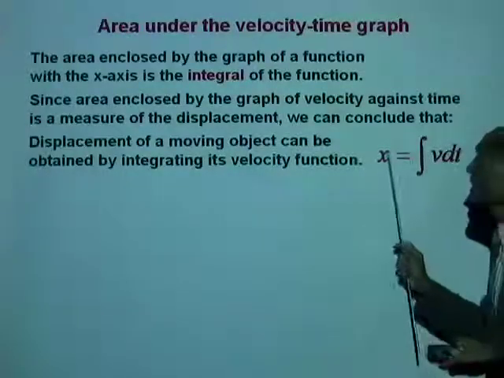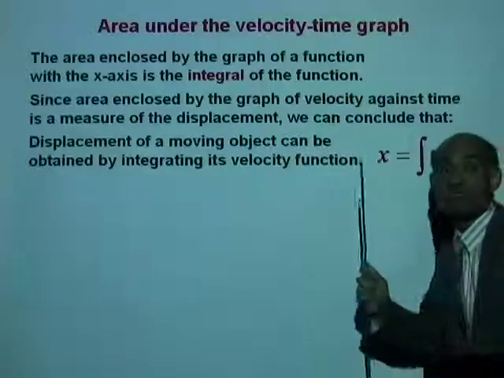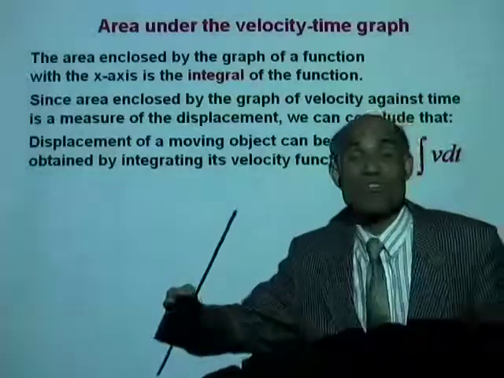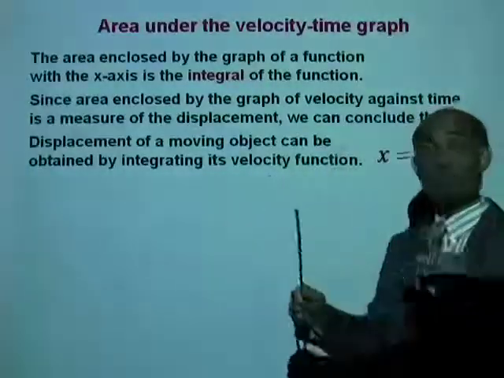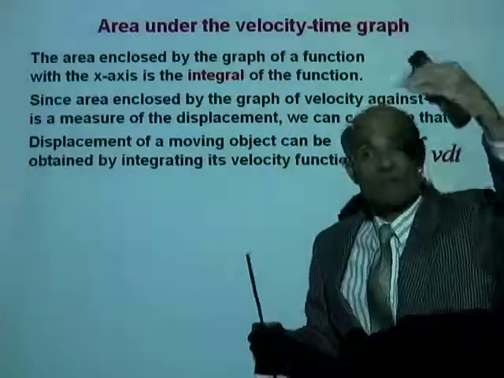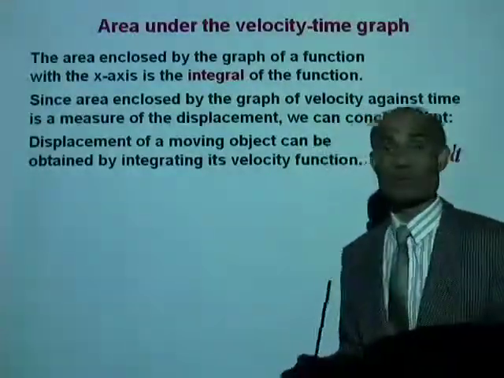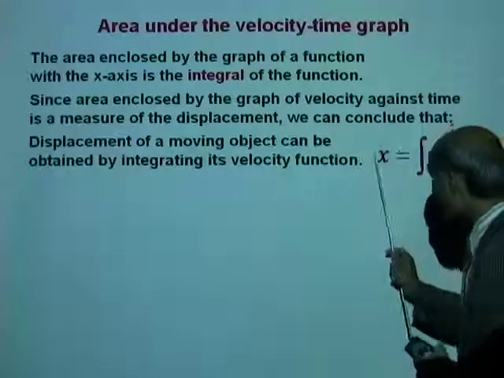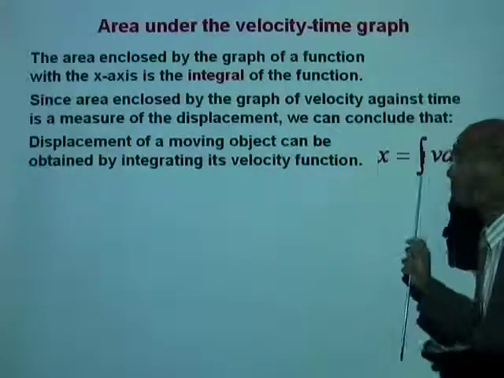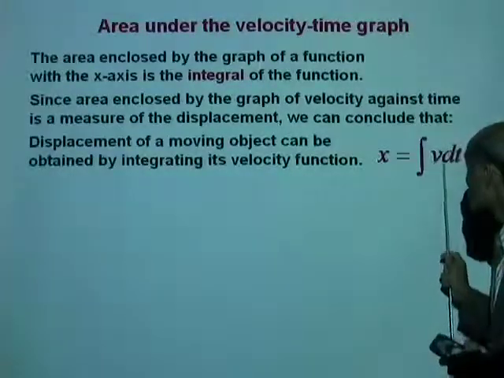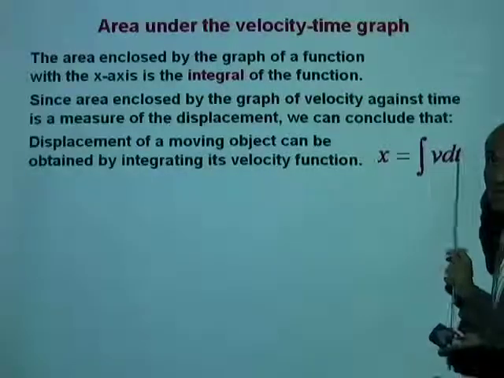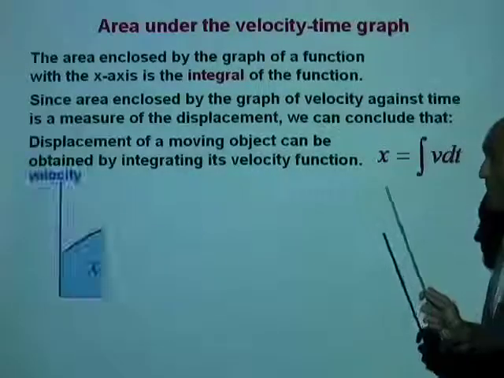What does that mean? The position function x as a function of time. Remember, x can be replaced by y when the motion is in the vertical direction. x as a function of time can be obtained by integrating the velocity function with respect to time.